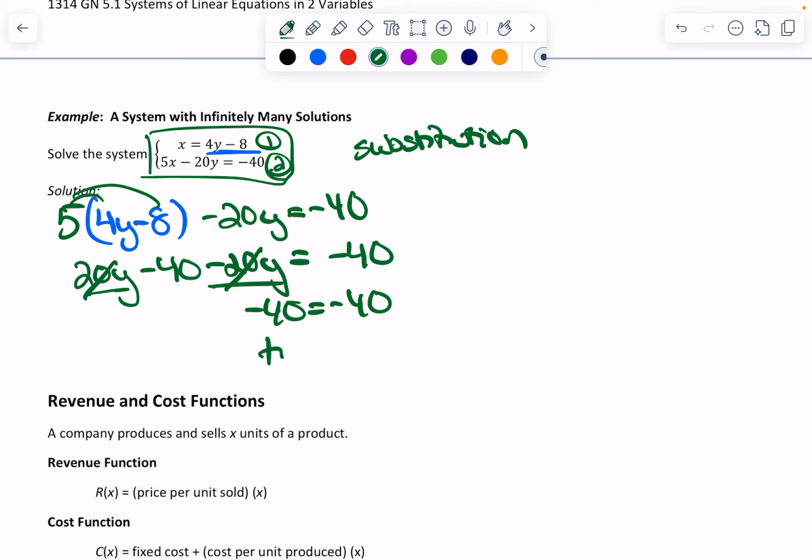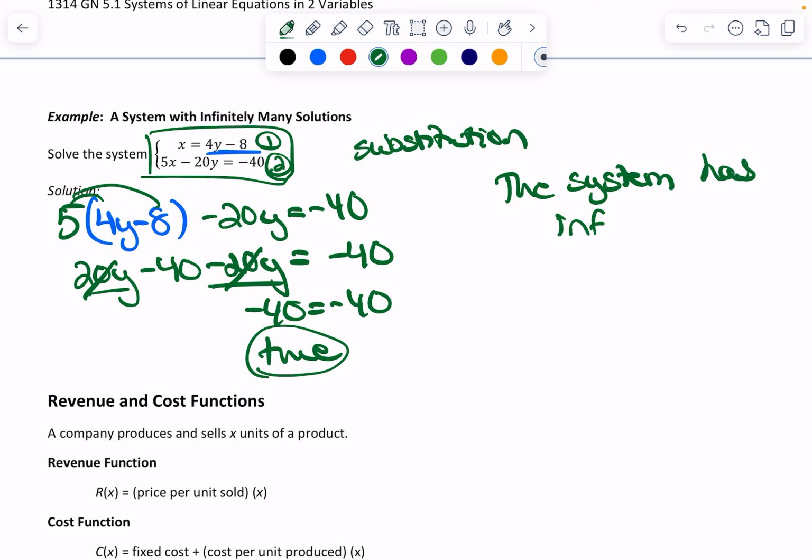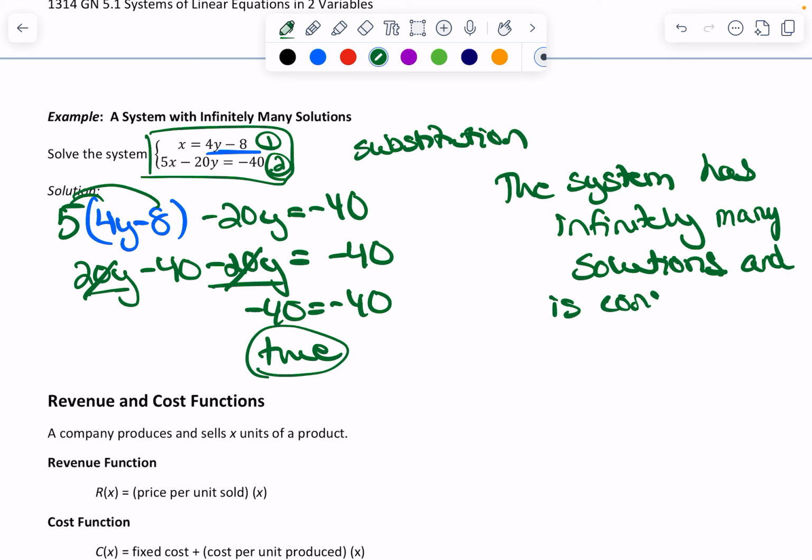So this is true. This means that the system has infinitely many solutions and is consistent. It has at least one, so it is consistent.